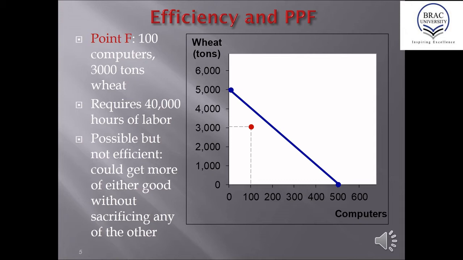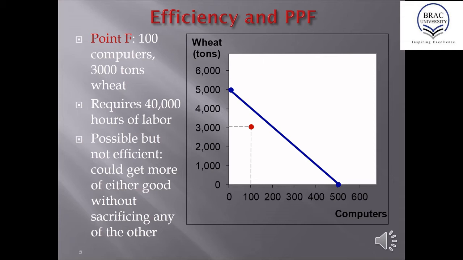We require 100 labor hours to produce one computer, so if we are producing 100 computers, the total labor hours utilized is 100 times 100, which equals 10,000. Similarly, to produce 1 ton of wheat, we require 10 labor hours. Since we are producing 3000 tons of wheat, the total labor hours in the wheat sector is 3000 times 10, which equals 30,000. So 30,000 labor hours in the wheat industry and 10,000 in the computer industry. The total labor used here is 40,000 labor hours.